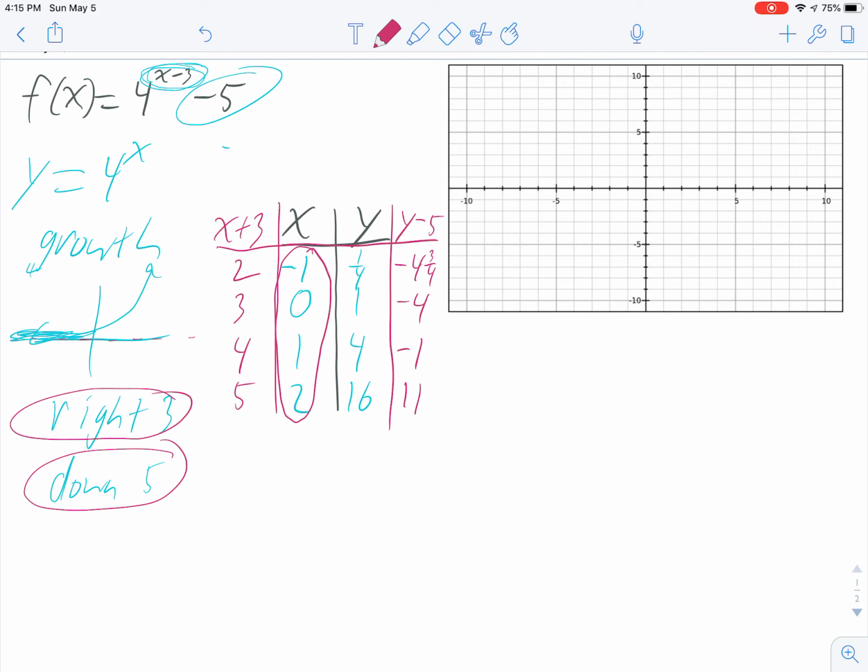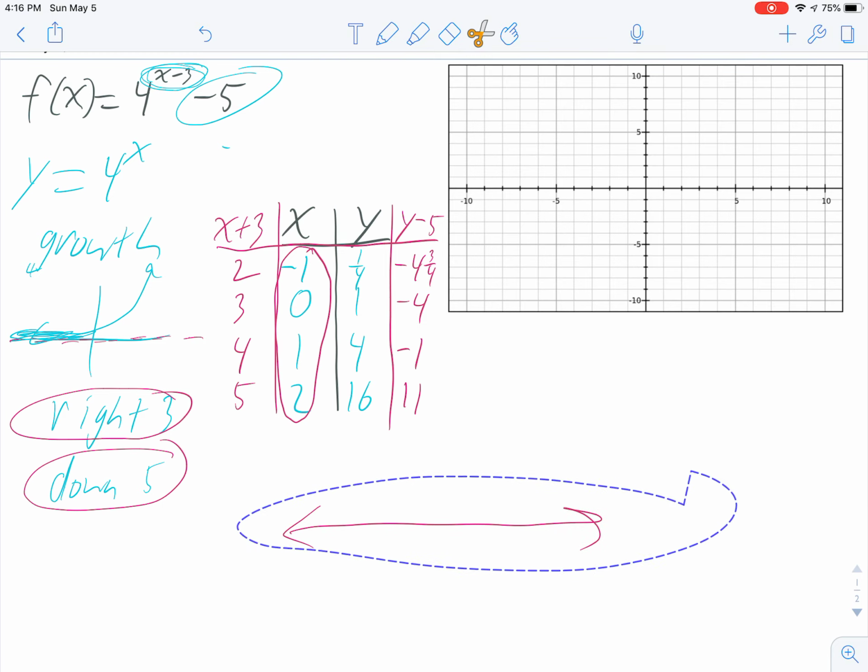The next thing is the asymptote. So our asymptote, remember, on the parent function is a horizontal. It's the line y equals 0. It's the x-axis. So if the whole graph shifts left and right, that doesn't affect that asymptote, right? Because if you take a horizontal line and you move it left or right, it doesn't move anywhere.